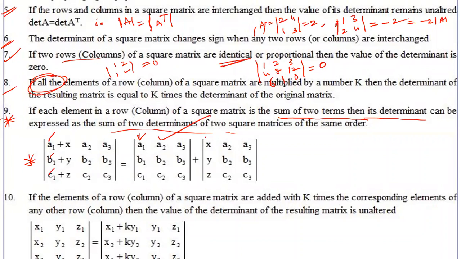Next part, X, Y, Z, first column, remaining fixed. The sum of these determinants gives the same value D. Please write this point. So this D can be expressed as the sum of these two determinants.